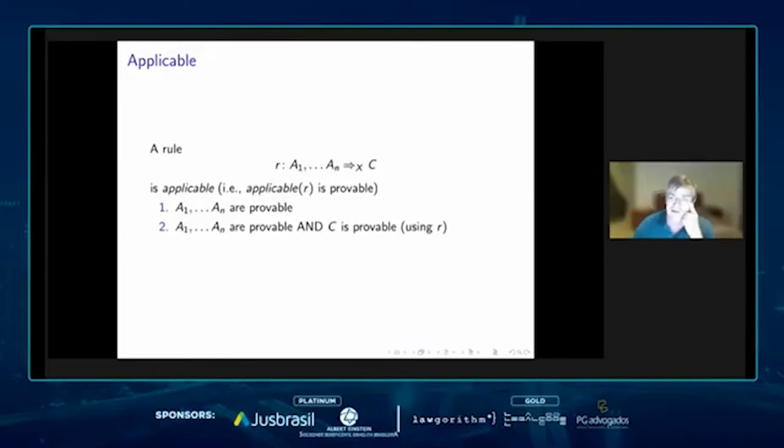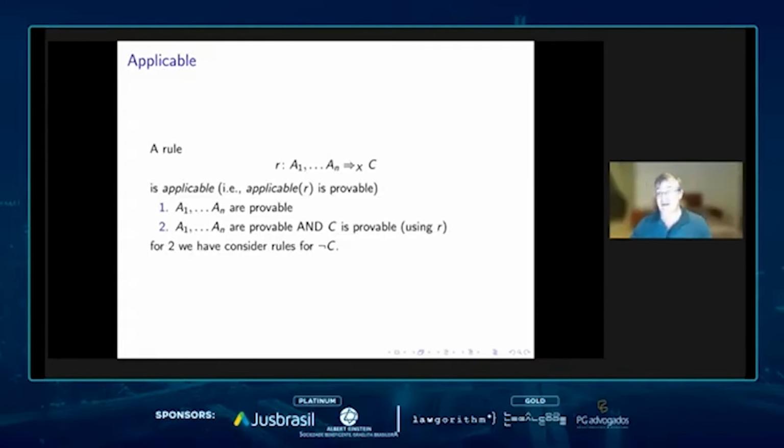However, if we consider again the first example I gave you, from the Telecommunications Consumer Protections Code, in that case, a rule is applicable if, first of all, the trigger of the rule applies, so all of them are provable, but also the conclusion, the effect of the rule, is provable in this situation. And we can also express that using R. Now, here we have a problem because when we take this definition, we have to consider that there might be some rules for the negation.